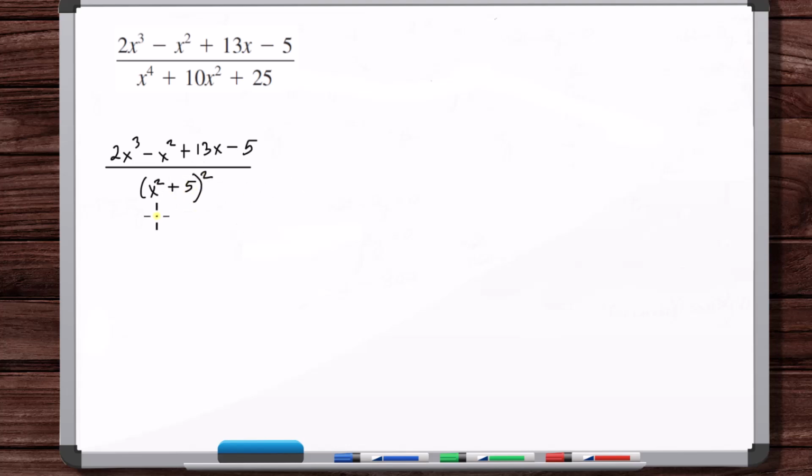Okay, now that's fully factored, right? There's nothing more we can do with x squared plus 5. Okay, so it's done, it's fully factored.